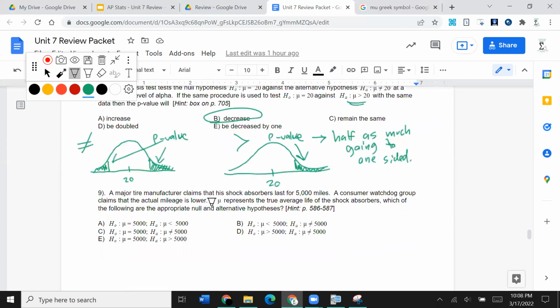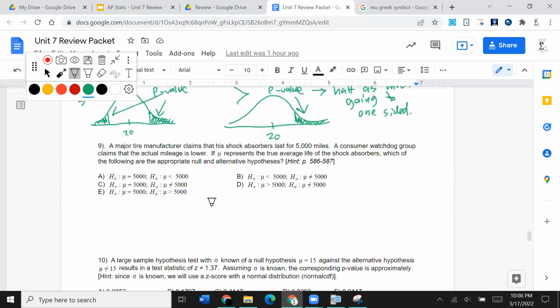Number 9, a major tire manufacturer claims that his shock absorbers last for 5,000 miles. A consumer watchdog group claims that the actual mileage is lower. If mu represents the true average life of the shock absorbers, which of the following are the appropriate null and alternative hypotheses? So hopefully you guys are getting familiar with these here.